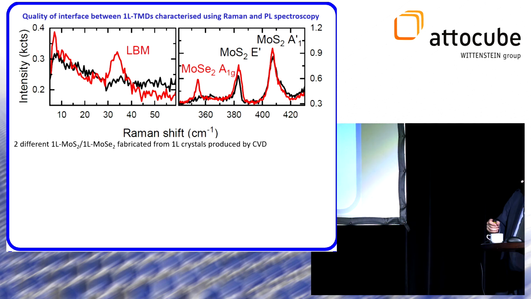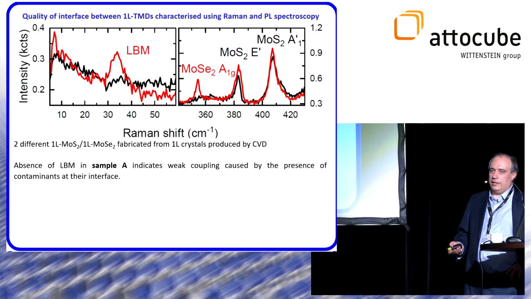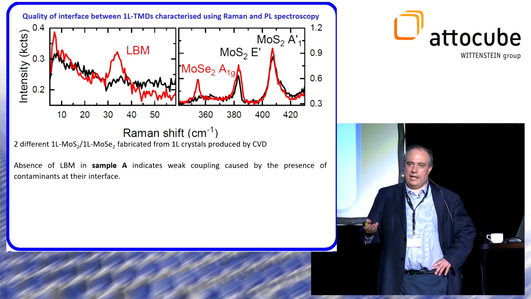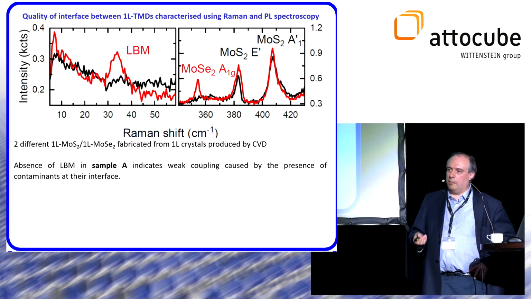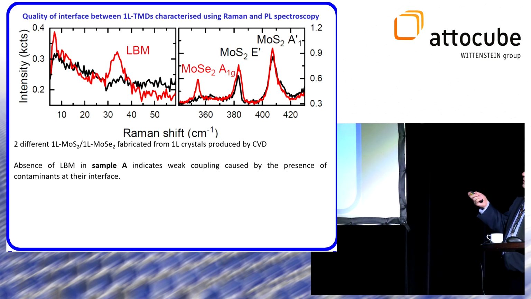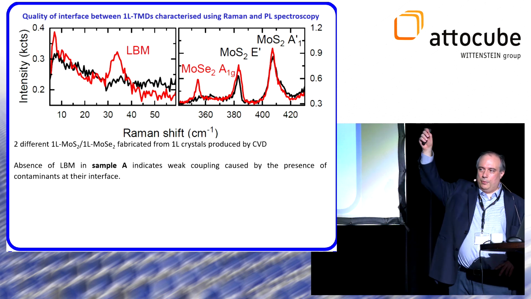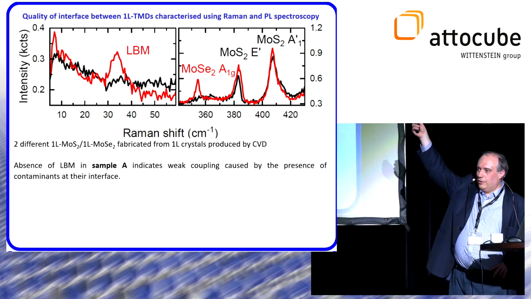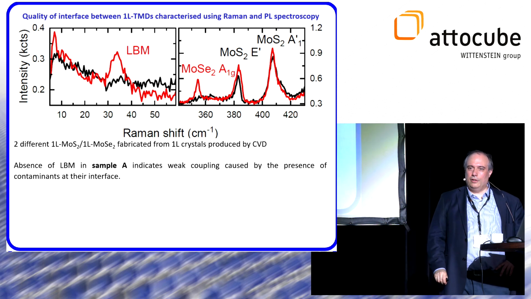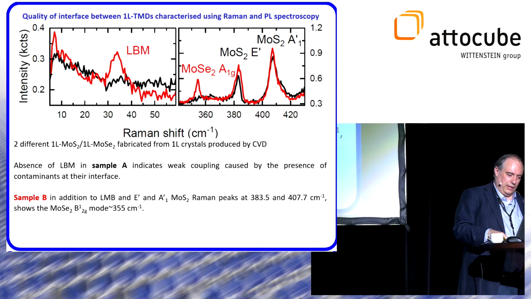But what I just want to say here is that if you don't see the layer-breathing mode, it means that your heterostructure is crap. It's crap because there is some dirt in between the layers, and they are not properly interacting, which means that you are not going to see the interlayer exciton, because of the pure electron and pure hole. By the way, in our case, we're really talking about a pure electron and a pure hole, with no hybridization, but I will not show it here.